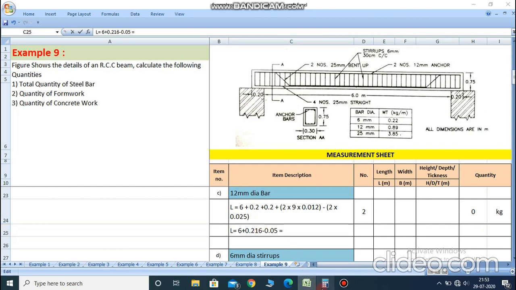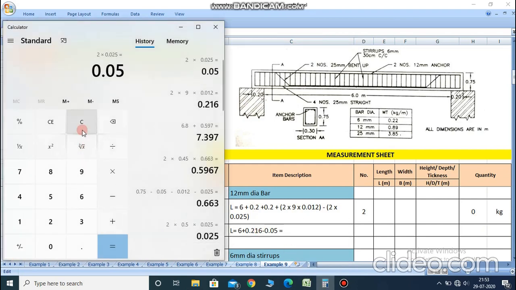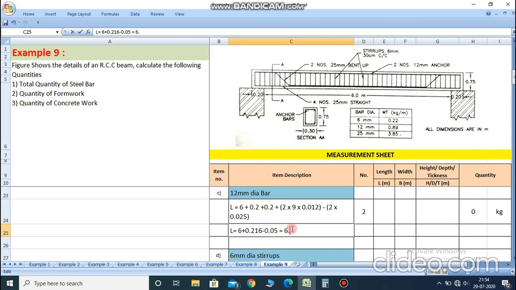So here we calculated 6 plus 0.216 minus 0.05. So answer we got is 6.16. Clear? So we got answer 6.16 meter. So here total length is 6.16 meter.